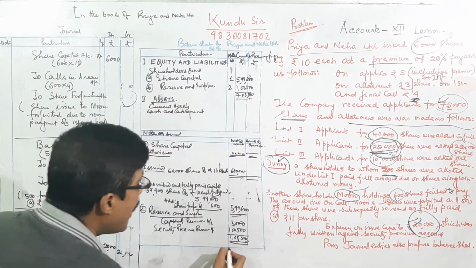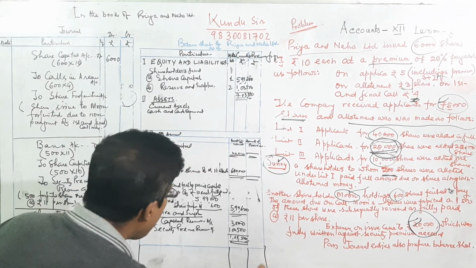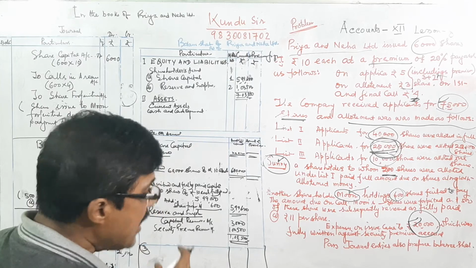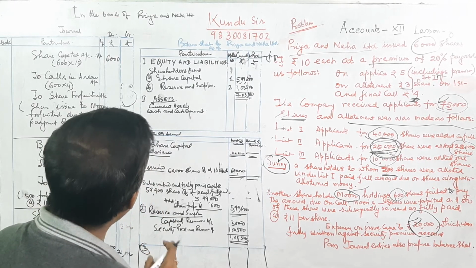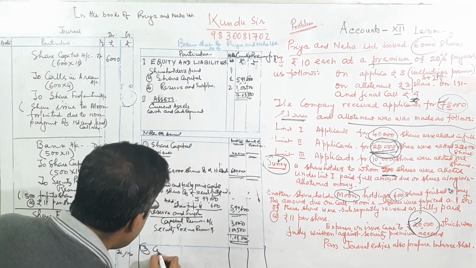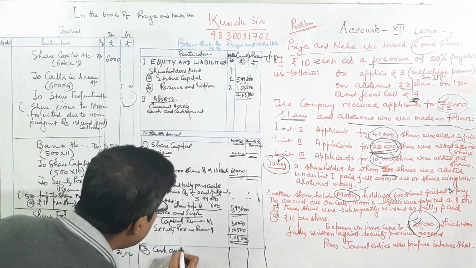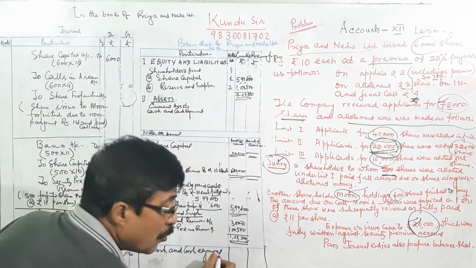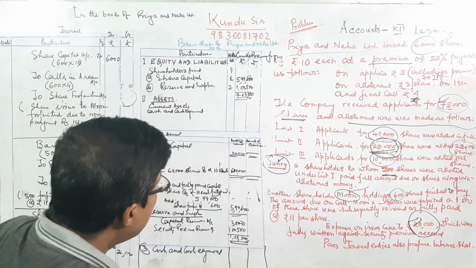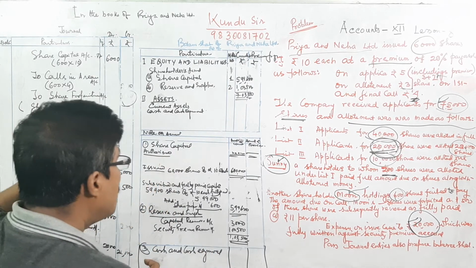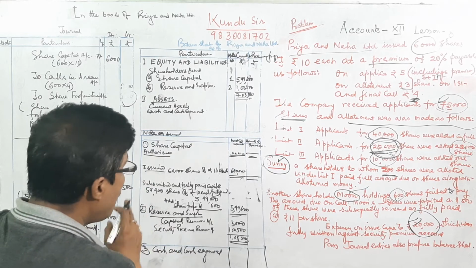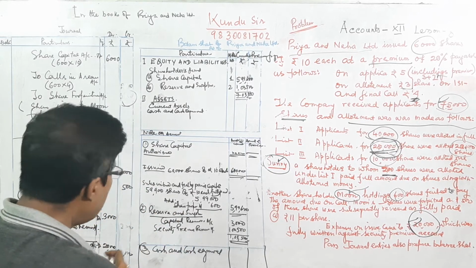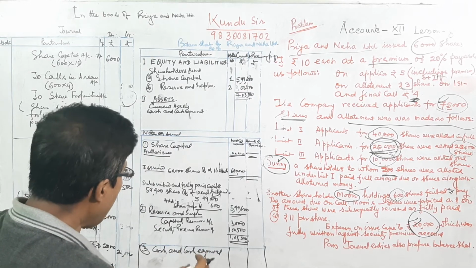Now we are making note of accounts 3, cash and cash equivalent. We have already calculated, we have got this amount and we have deducted this and 20,000, then the remaining is lying with us.